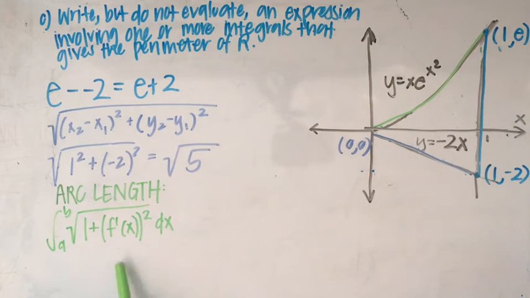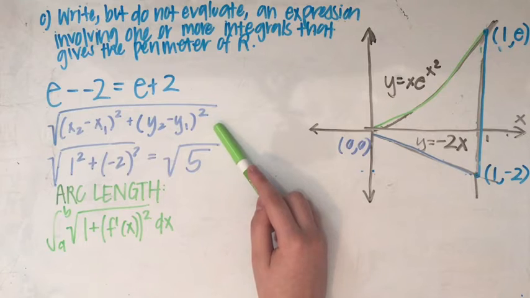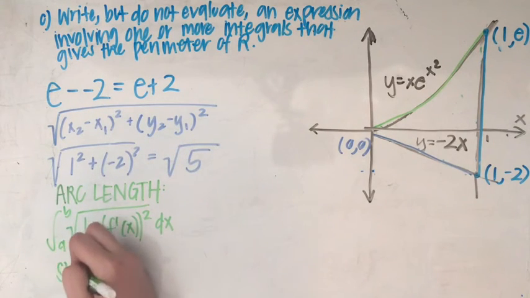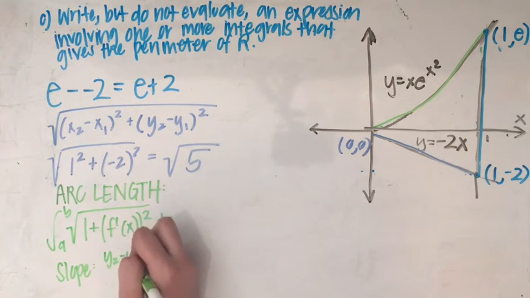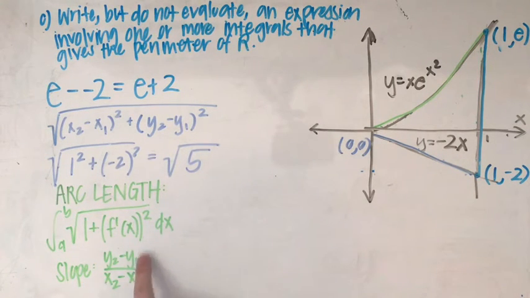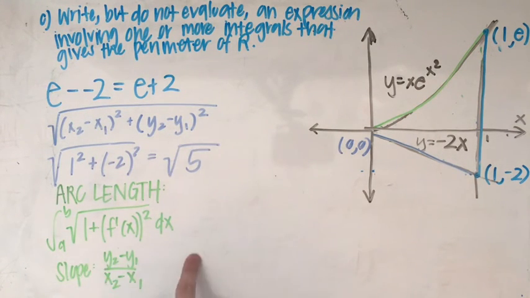Now if you look at this formula, the square root is very reminiscent of the distance formula. And we know that f prime of x represents the slope, and since slope for a line can be represented as y sub 2 minus y sub 1 over x sub 2 minus x sub 1, you can see that in the distance formula, and that pretty much gives the formula for arc length.